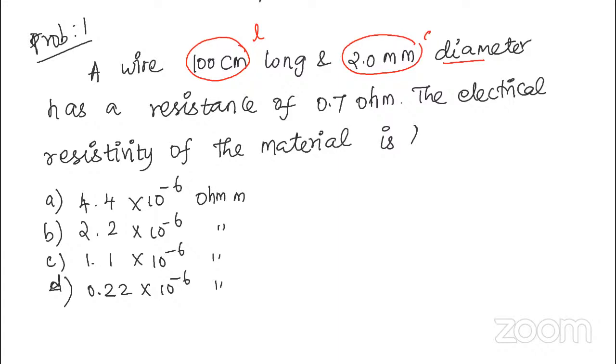D they have given. Then the resistance value they have given, that is the R value. So we have the values. Now we have to substitute into the formulas. For resistance we know the formula, and from the resistance formula we are calculating the resistivity. So write the formulas and work it out, and tell me the answer. Which one is right?